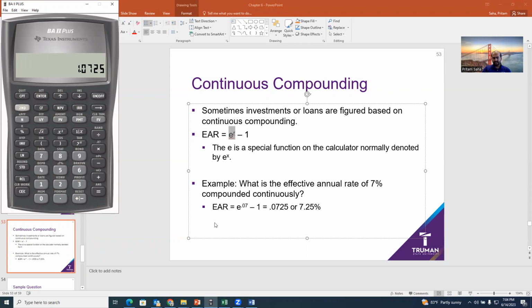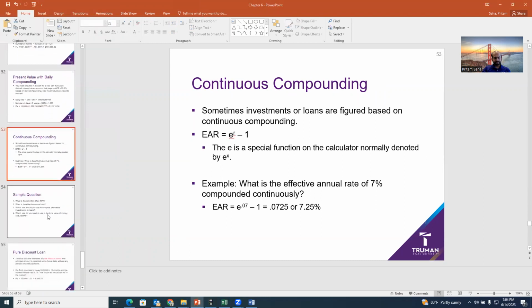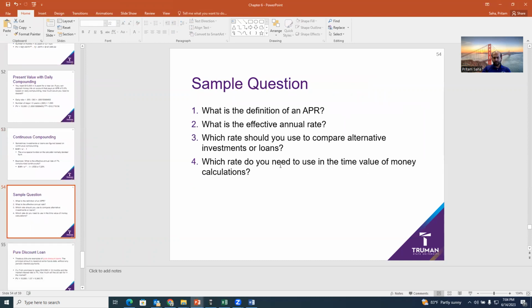Did you see that? Minus 1. That's it. 7.25% is the EAR. I'm repeating it if you missed it: 0.07, then second e^x, minus 1. Makes sense? So this is what we went over, try to practice by yourself.